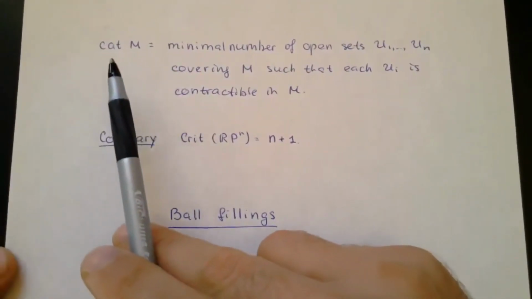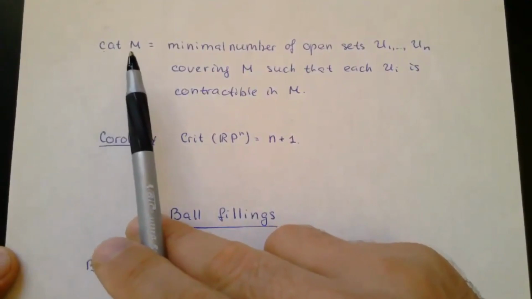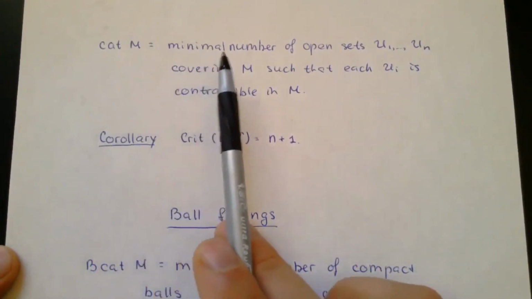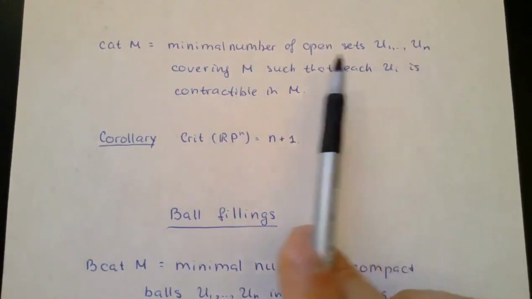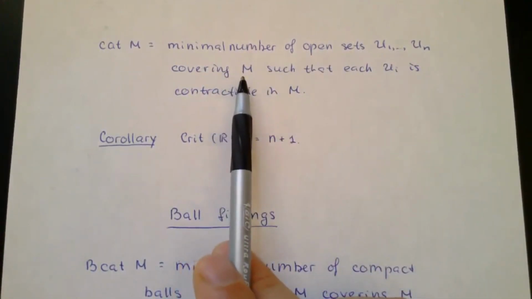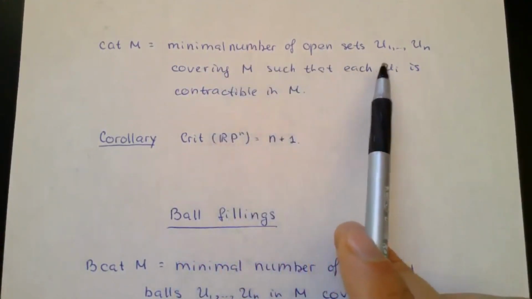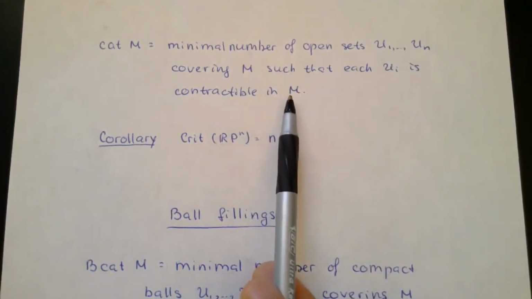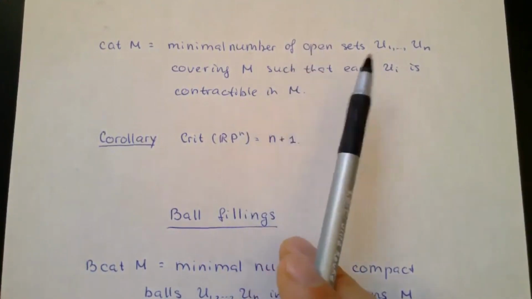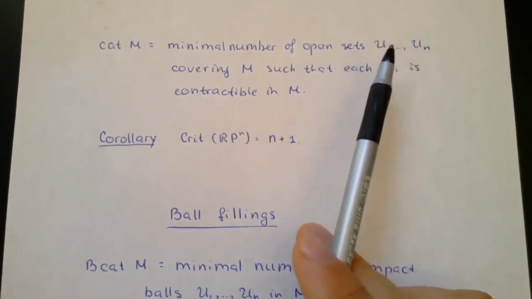The Lusternik-Schnirelmann category of a manifold M is the minimal number of open sets U1 through UN covering the manifold M, and such that each of the sets Ui is contractible in the manifold M. Here, I do not require that these sets U1 through UN are contractible.